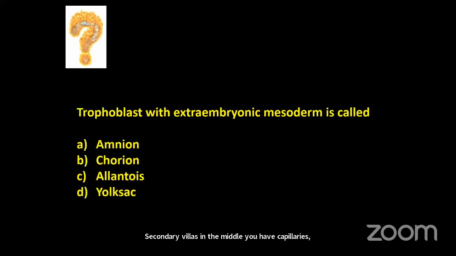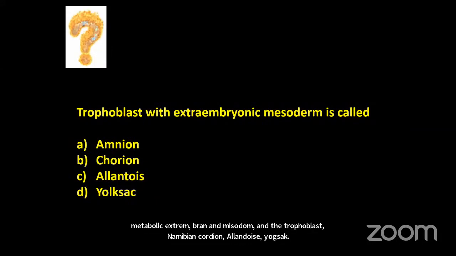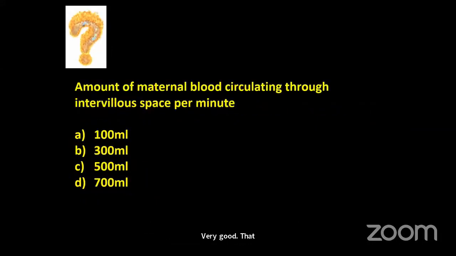Trophoblast with extraembryonic mesoderm. What is it? Somatopleuric extraembryonic mesoderm and the trophoblast. Amnion, chorion, allantois, yolk sac. Very good. That is chorion. Amount of maternal blood circulating through the intervillous space. Very good, 500 ml.